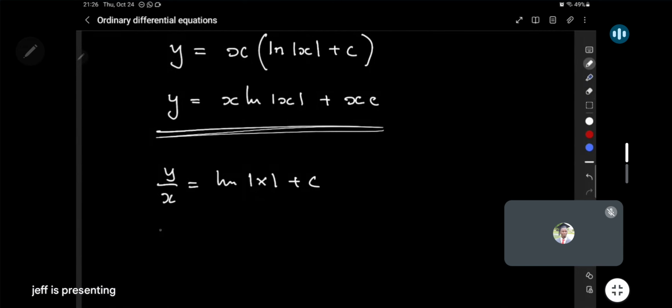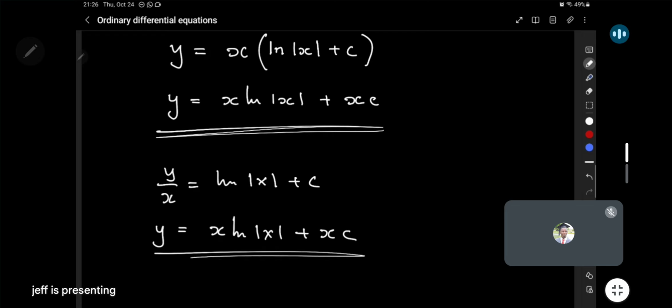You see that in this case as well, we still reduce to x ln x plus xc as our solution. So this is how we solve homogeneous differential equations.